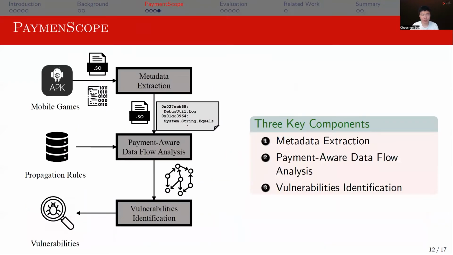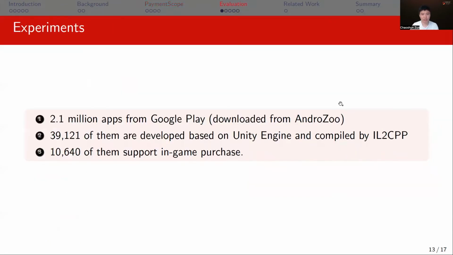With all those insights, we have designed and implemented PaymentScope, a static analysis tool based on Ghidra. At a high level, it consists of three components: metadata extraction, which uncovers the binary symbols, payment-aware data flow analysis, and vulnerability identification. To test PaymentScope, we have collected 2 million mobile apps from Google Play and found 10,000 mobile games that are developed based on Unity and support IGP.